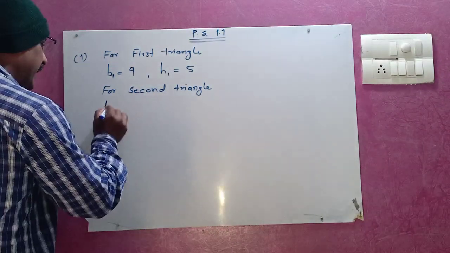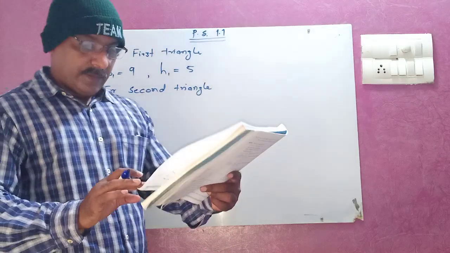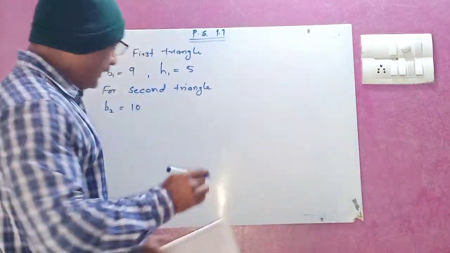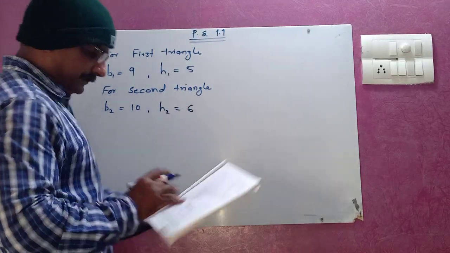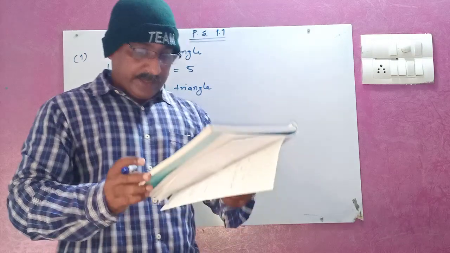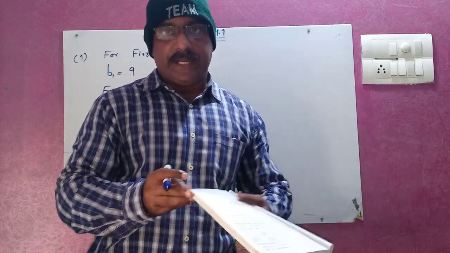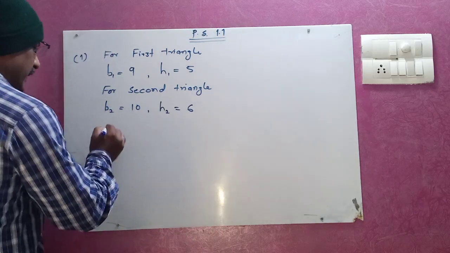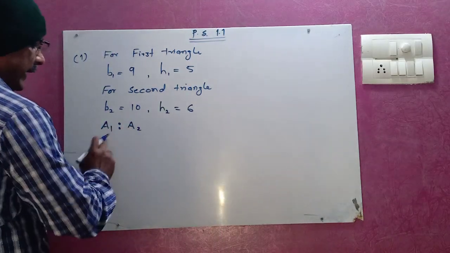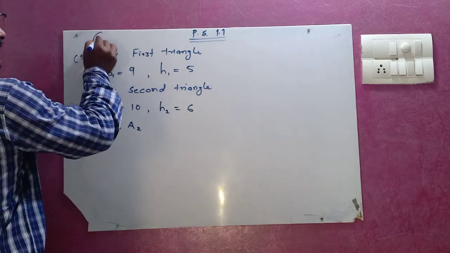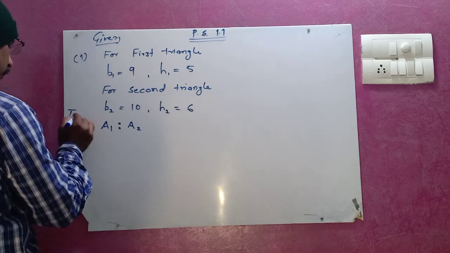So B2 is 10 and height is 6. Find the ratio of the areas of these two triangles. What is the ratio between the areas of these two triangles? This is given, children, and this is to be found.